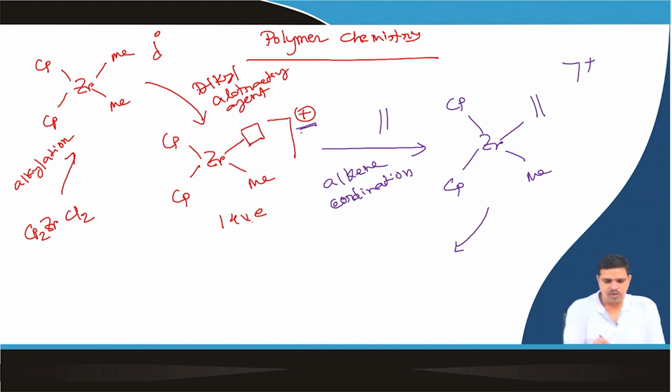So two roles why we are abstracting one methyl group: to make a coordinatively unsaturated compound, and also electronically it is more feasible for the coordination of alkenes.